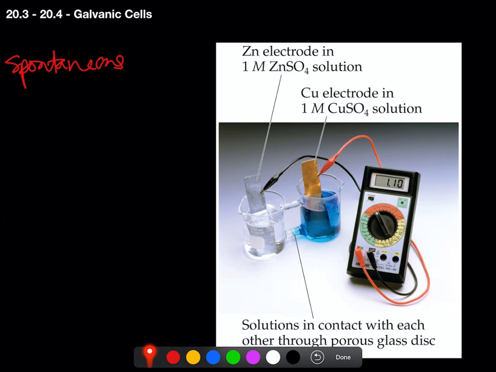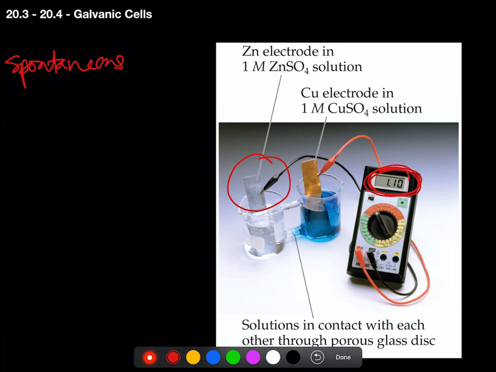Now, when we take it from a standard redox reaction and turn it into a galvanic cell, we're just going to separate our two parts. We're going to have a dedicated place where we generate electrons, and then we're going to let those travel through a wire, because we need the metal to conduct the electrons, to something where we can either measure the voltage, or it can be used to power a device like a small fan or a motor, a light bulb.